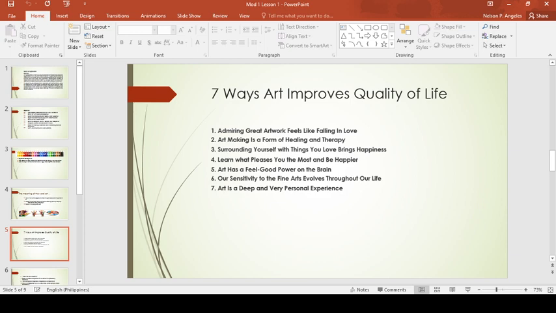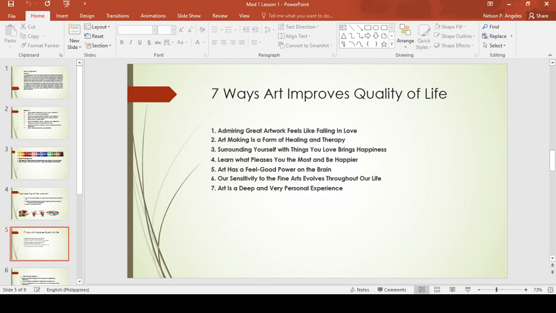Then we have art making. This is a form of healing and therapy. Okay, so visual expression has been used for healing throughout history. But only recently has art therapy emerged as a profession, especially the psychologists, the psychiatrists.